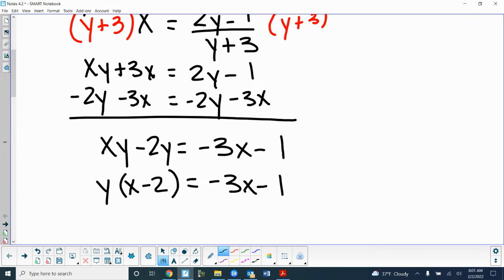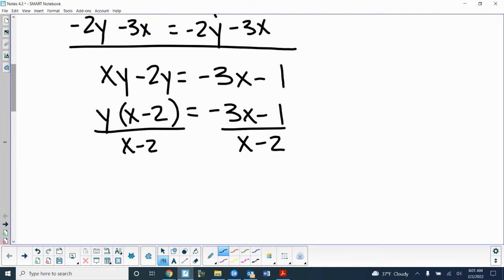Now, how do I move the x minus 2 over? Because this is y times that, right? So I have to do division. Okay? So the x minus 2's will cancel. So I got my y, or we could say it's f inverse, right?